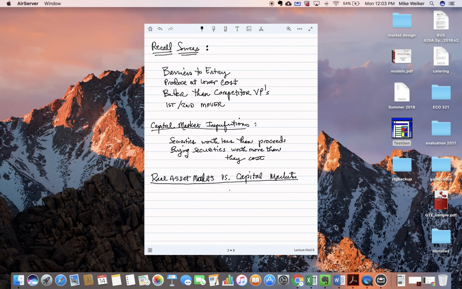In real asset markets you have more opportunities, more imperfections that can be discovered. Many more. In the financial markets, much less opportunity exists.